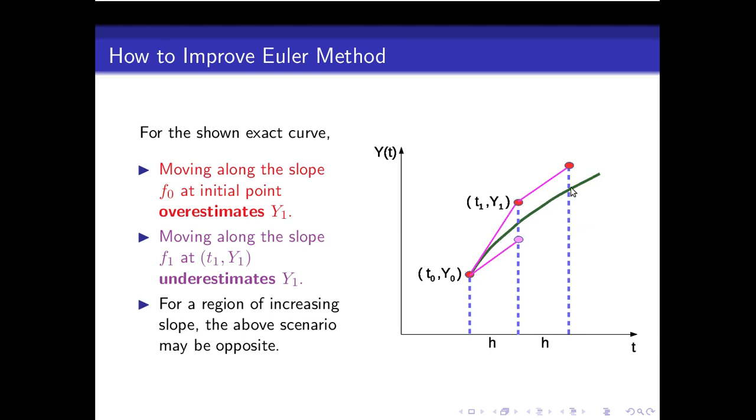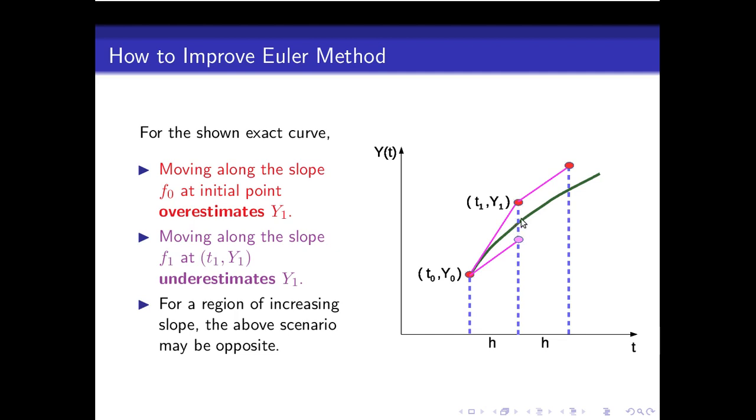For this example, the scenario may be different if a different kind of example is taken, but surely for this example, if you move along this slope, the point t1, y1 overestimates the exact solution.